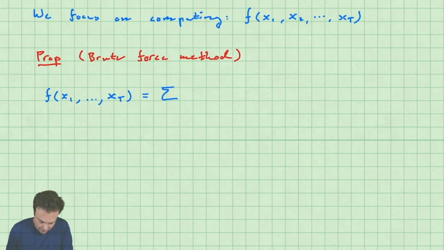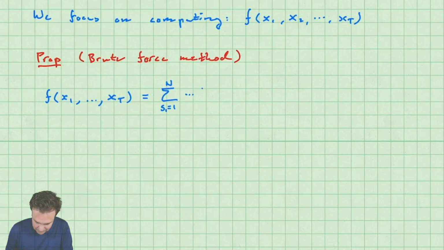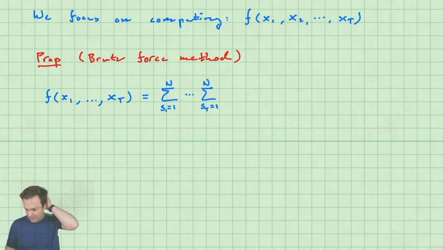So a sum from S1 equaling 1 up to capital N, and then there's a sequence of these things, and then it finishes with S sub capital T equaling 1 to capital N. Remember, capital N is the number of elements in the state space for the Markov chain, for the S process, right?